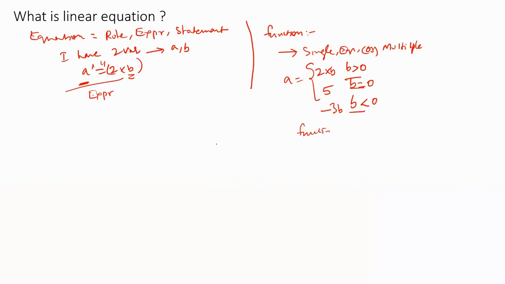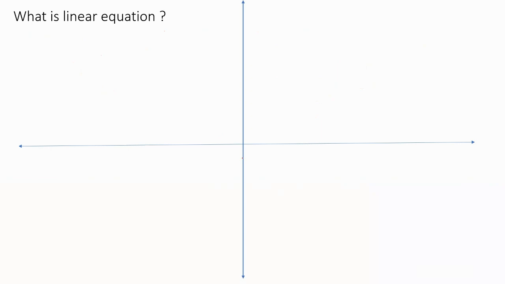So we know what an equation is and what a function is. Then what is a linear equation? Let's consider this as the x-axis and this as the y-axis. As per the previous example, I am taking the same equation which we defined earlier, a equal to 2b. If I'm going to plot the values, this is the origin.